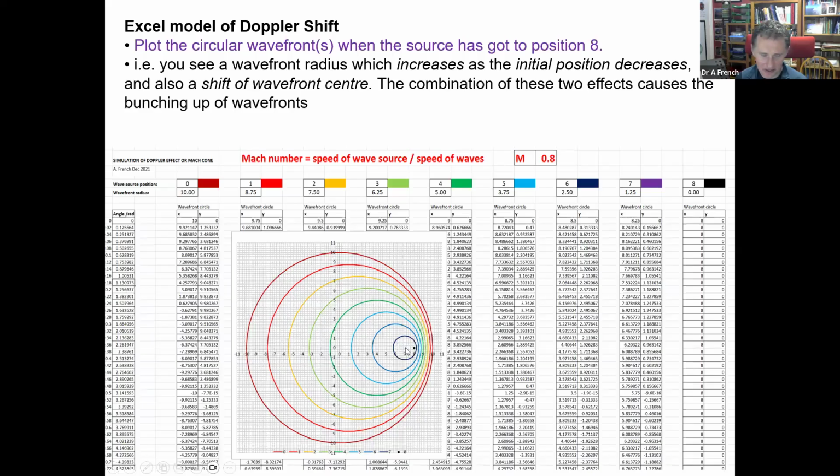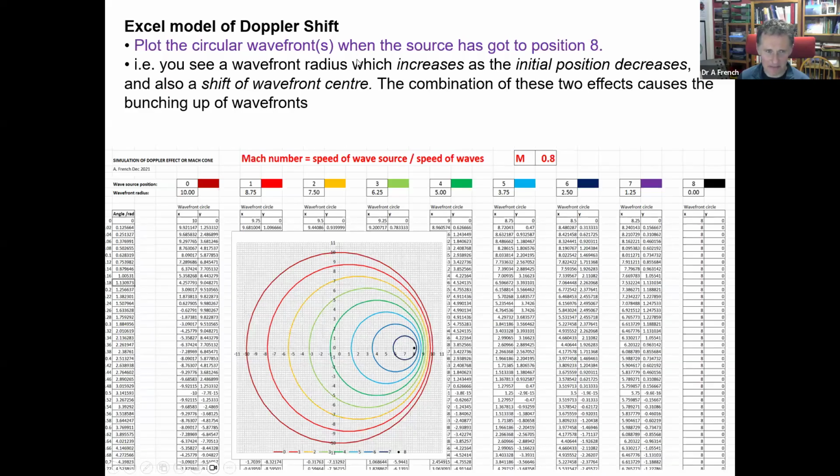Delta T ago, it was there and produced that one, which is now this one. The red curve was produced at the origin. So once my stone is now at 8 units along, the ripple it produced at time 0 is now the big red one. And then you can visually see how the things are bunching up, which is quite nice.